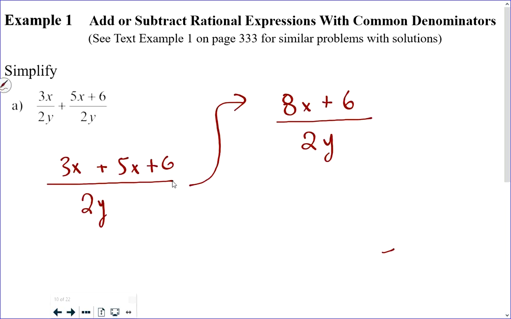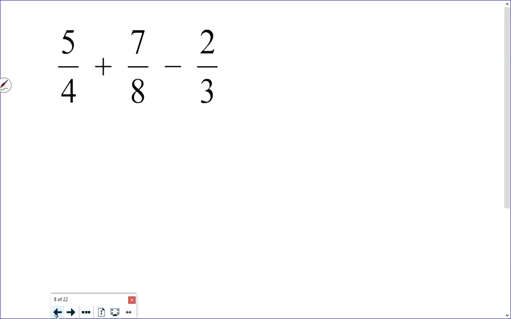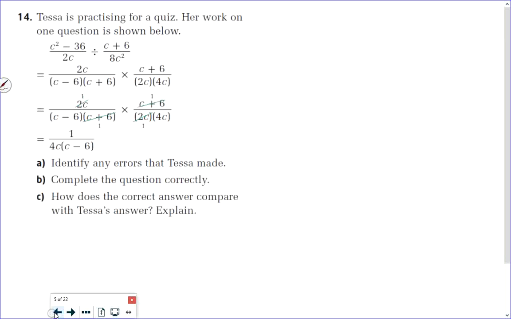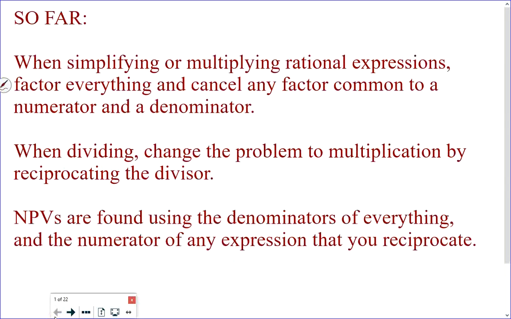Now I want to try to make this as streamlined as possible. Now what we have is a single rational expression, right? How do you simplify a single rational expression? You factor and cancel. So the fact that when you're adding or subtracting rational expressions means you put them together as a single one means that once you've done that, you've got a problem from 2 or 3 days ago that you have to simplify.